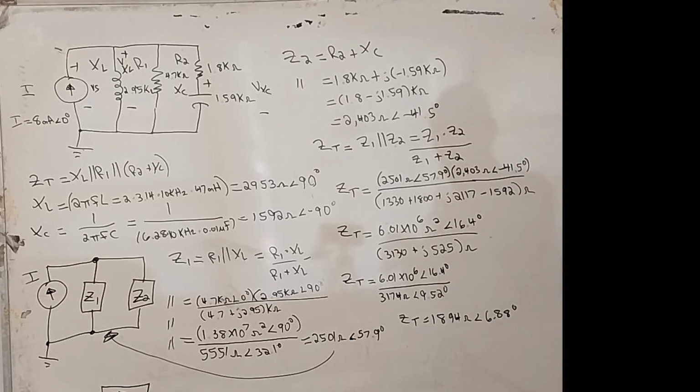So we know what the angle is, we know what the impedance is. Let's find the voltage. Let's multiply that 1894 times 8 milliamps.